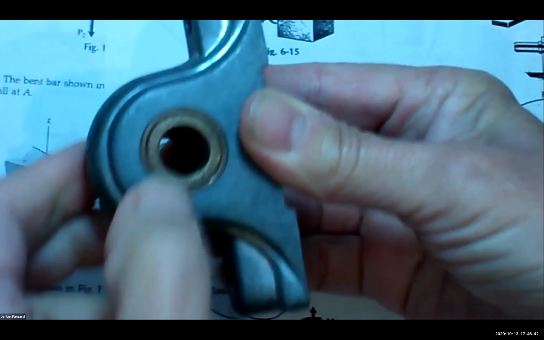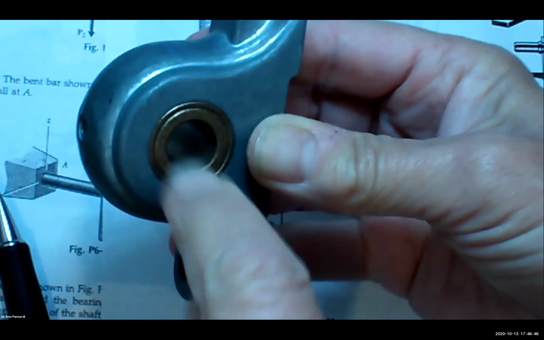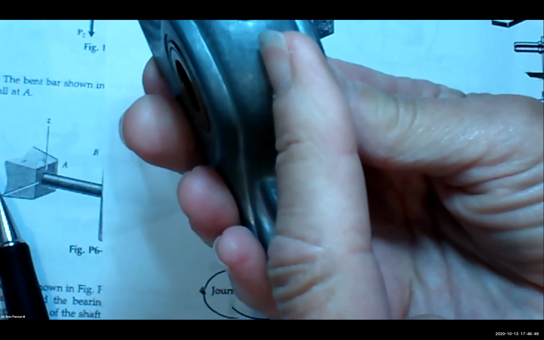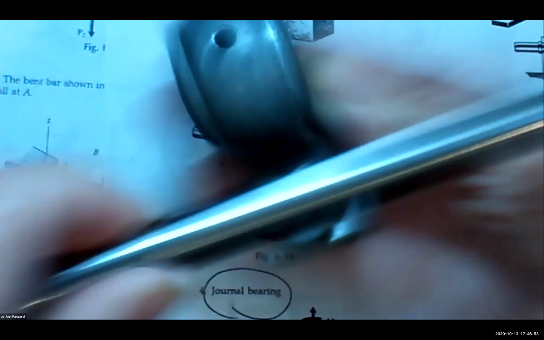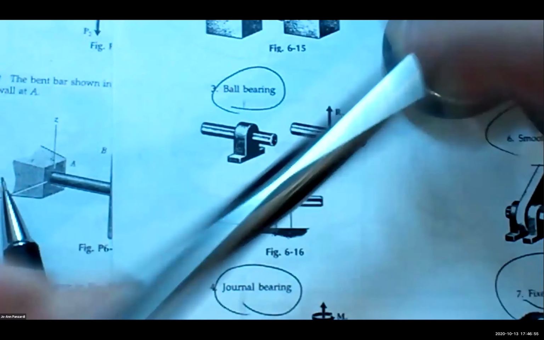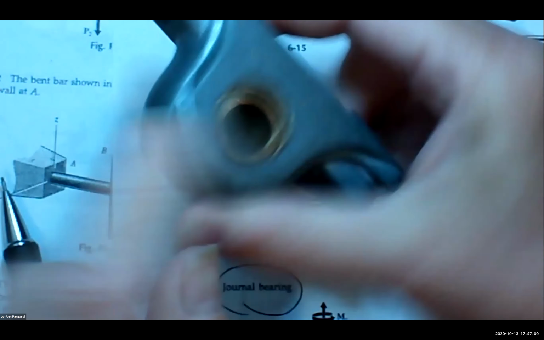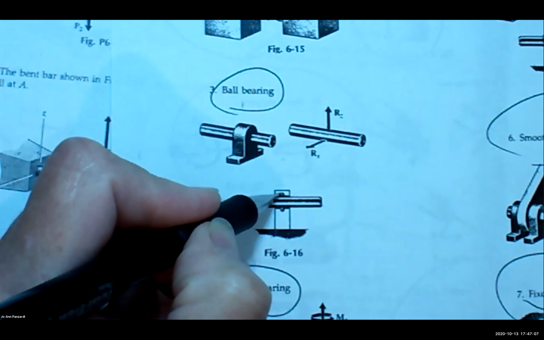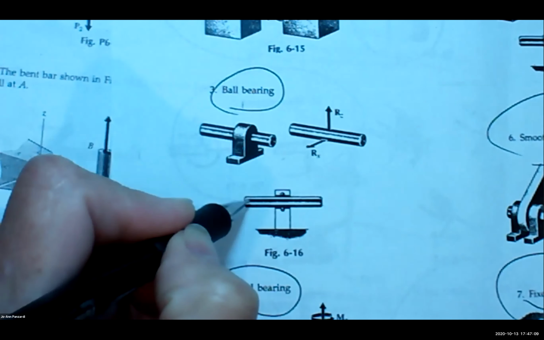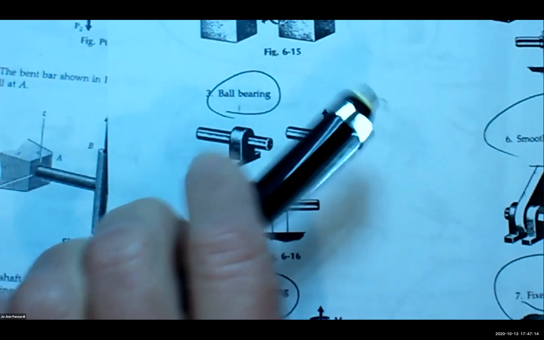If I could pop out that metal piece and instead put a set of ball bearings in there, it would allow my rod to rotate, to tip. So instead of having this piece in here that restricts the rotation, there's a series of ball bearings right here, around this outside, that allows this now to rotate in both directions.